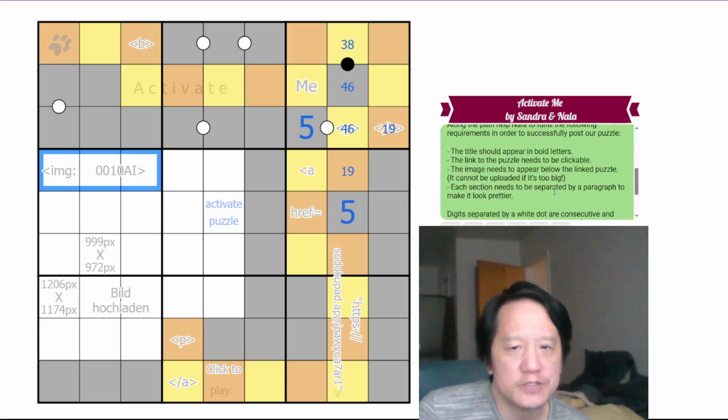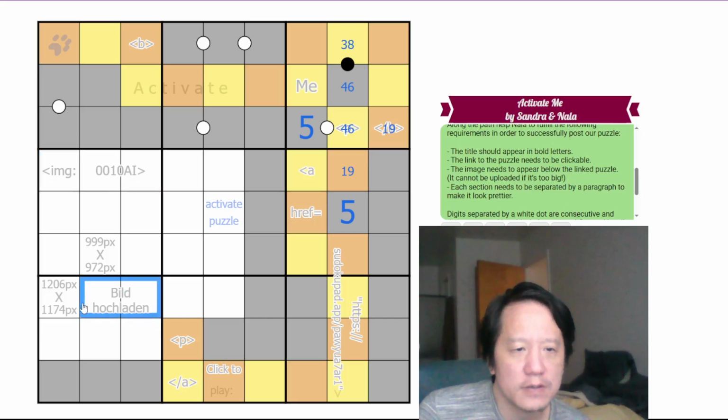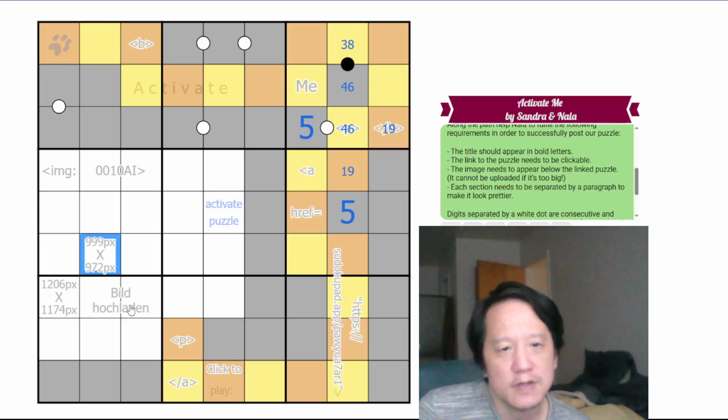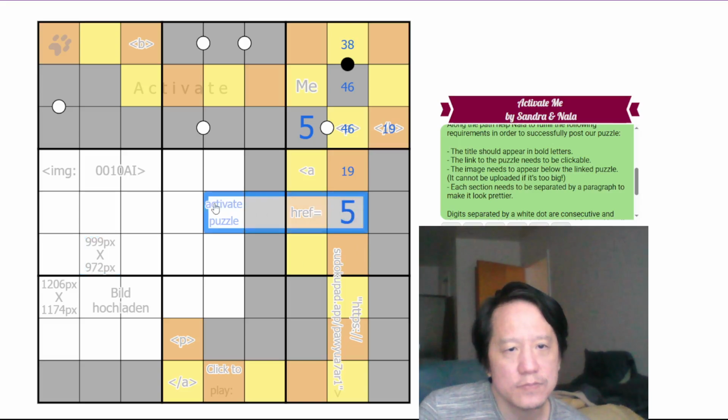Image needs to... It cannot be uploaded if it's too big. I'm assuming the larger pixel size is too big. I don't know. Okay.